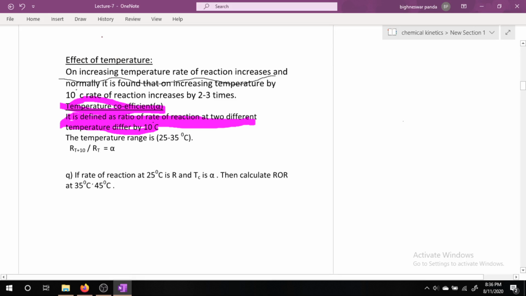That will be equal to R at T plus 10 divided by R at T, equal to alpha. Normally the temperature range is 25 to 35 degrees Celsius, so I can simply write R at 35 degrees Celsius by R at 25 degrees Celsius equal to alpha.